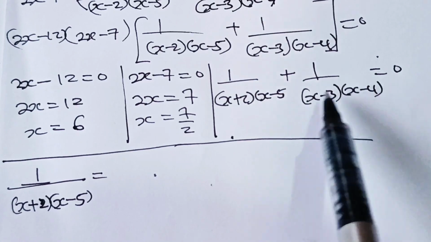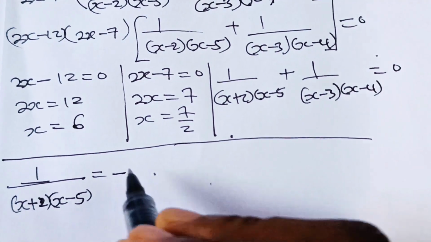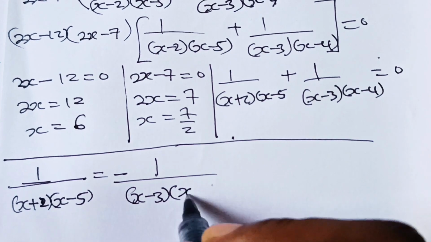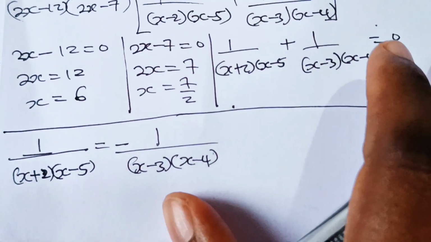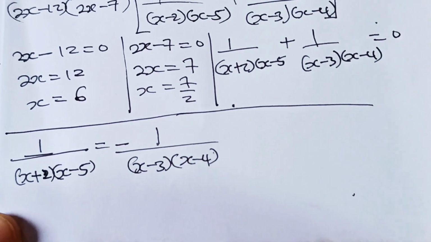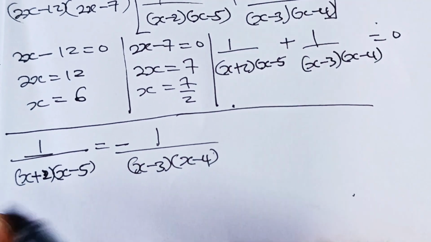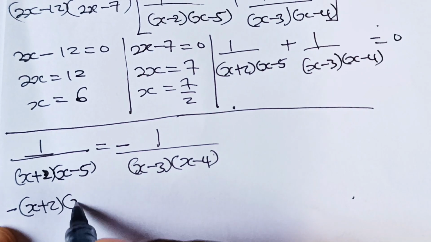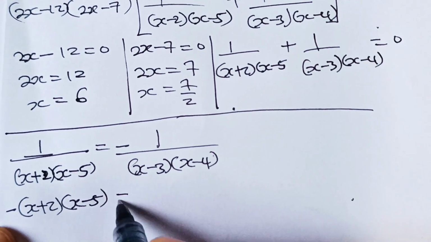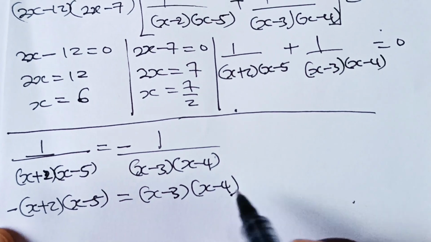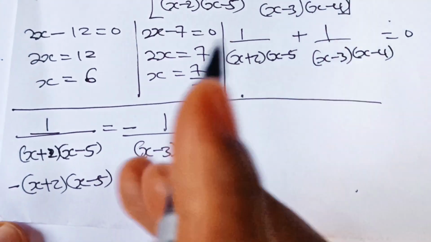So if I transfer, I get minus of this, so minus 1 over x minus 3 bracket x minus 4. All right. Now let us cross multiply. If we cross multiply, we carry the minus, right? So this side will be minus bracket x minus 2 bracket x minus 5 is equal to x minus 3 bracket x minus 4. Now let's open the bracket.